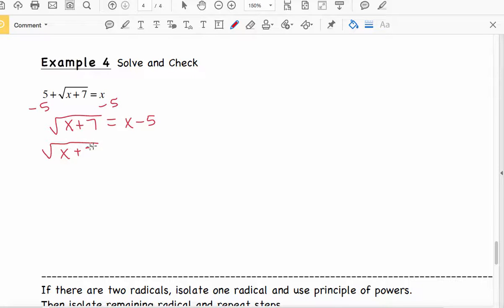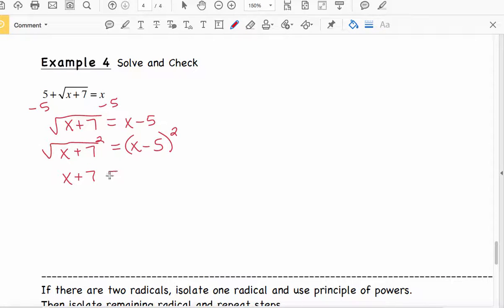Now that my radical has been isolated, I'm going to remove that radical symbol by squaring the left side, and then what you do to one side, you're going to go ahead and do to the other. On the left side, the x plus 7 is going to drop down all by itself. Squaring the square root symbol is going to remove it.